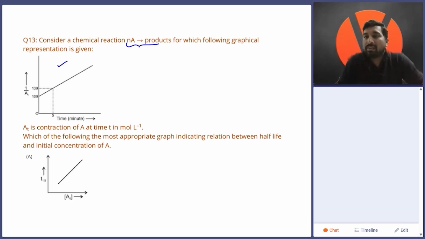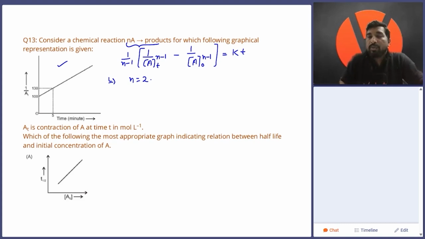If I'm talking about the nth order reaction, the general expression of the nth order reaction is 1 upon n minus 1, bracket 1 upon At, concentration of A at time t, to the power n minus 1, minus 1 upon A naught to the power n minus 1, bracket close, is equal to Kt. Let's suppose I put n is equal to 2. So what is the expression here? 1 upon 1. If I solve this, that is 1 upon At minus 1 upon A naught is equal to Kt.